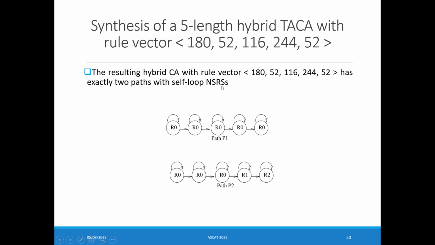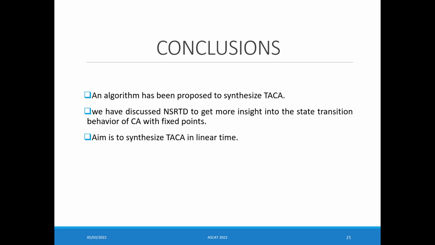If we construct the NSRT diagram, we can identify there will be exactly two paths, and each path will represent an attractor. So the resulting CA is a TACA. So in this work, we have identified the synthesis mechanism of TACA, and we have utilized the NSRT diagram for it.